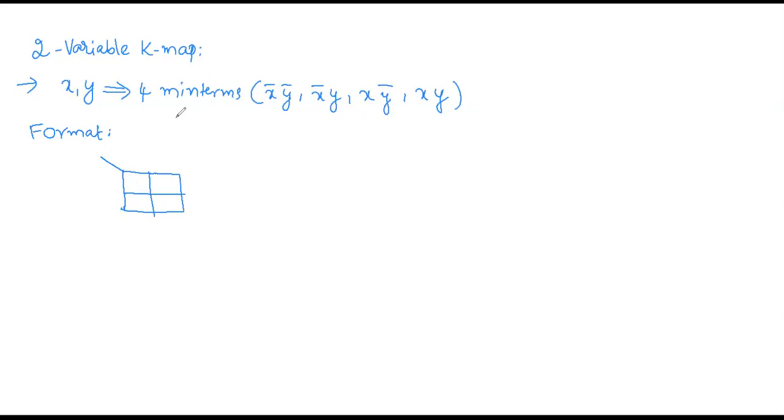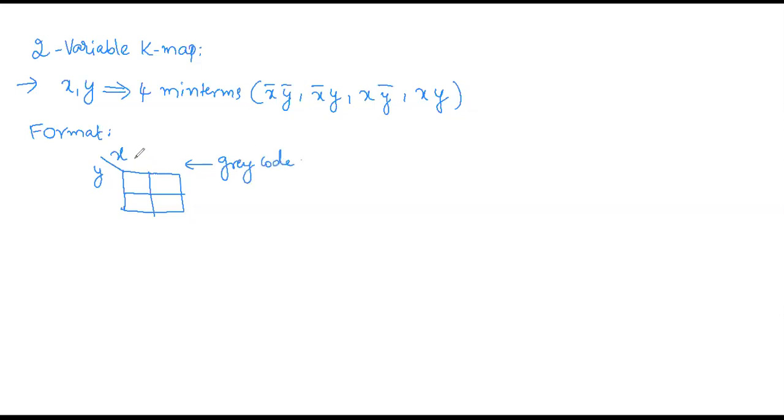Now divide this two variable box equally along the diagonal line. x is on one side, y is on the other side. The variable can take values, and you have to write the values in gray code.